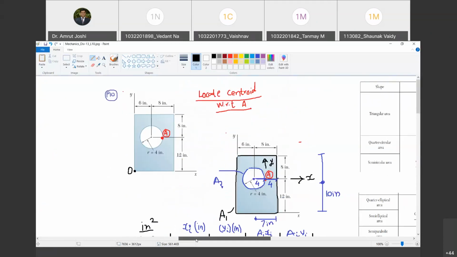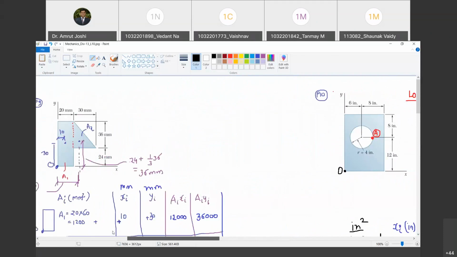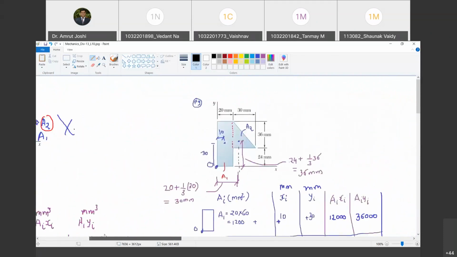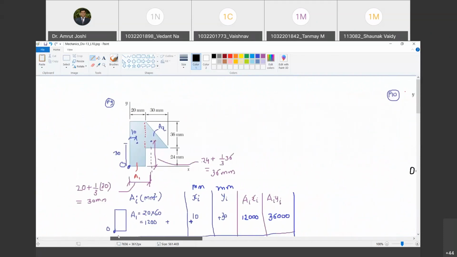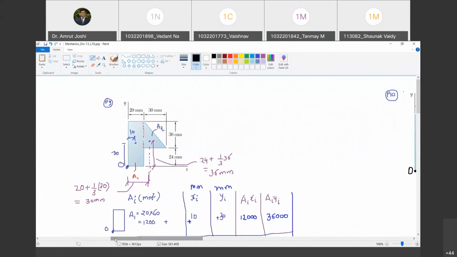ये जो centroid का discussion हमारा चालू हुआ था, that has its root in Varignon's theorem and resultant, or that has its roots in a question: at what point can the weight of the entire body be assumed to act? Are you with me? Yes, sir. We are dealing with the situations where centroid and center of gravity are same.